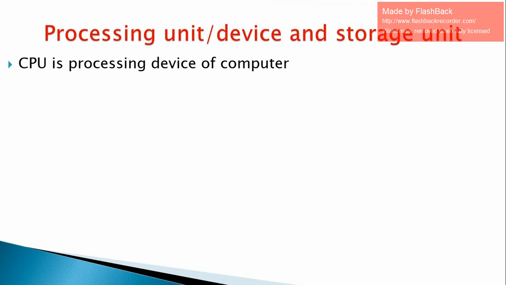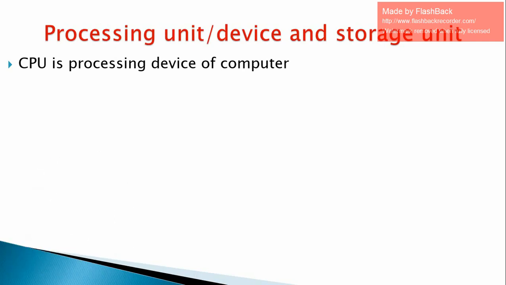This center part, this device, is known as the processing device. For example, the CPU is the processing device of the computer. Whatever instruction we provide to the computer to perform work is processed in the CPU, and only after processing that input data will it produce the required output.